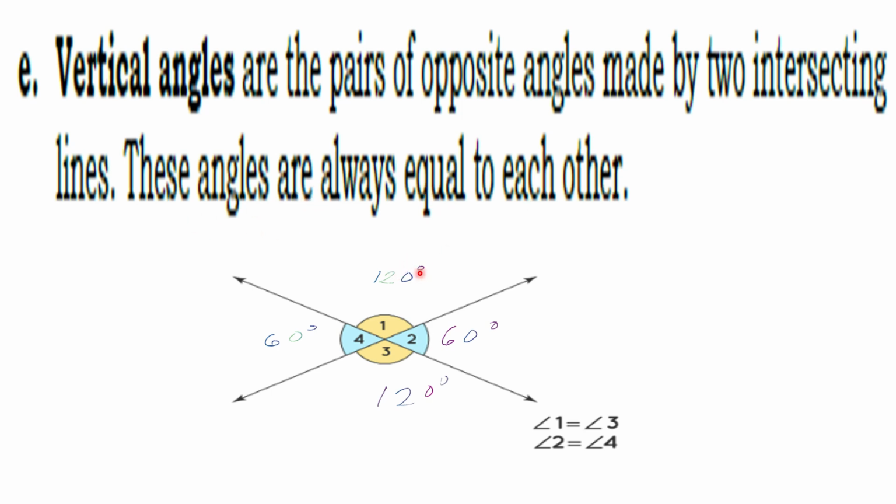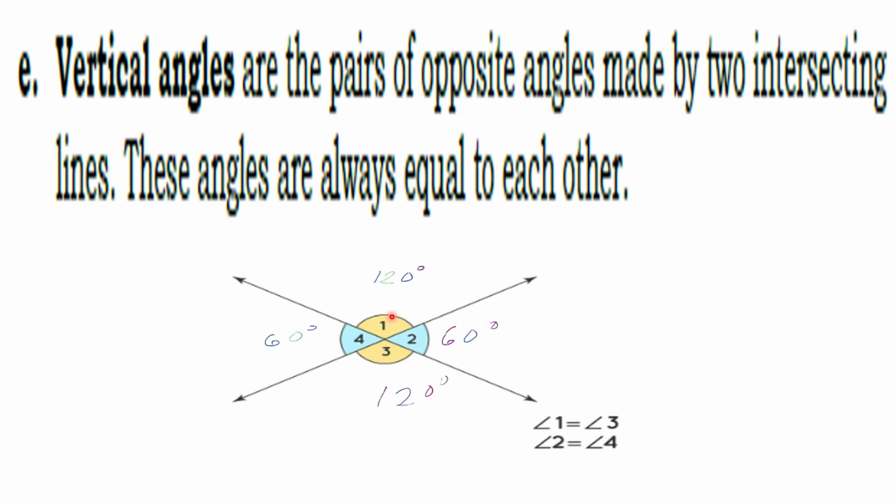So for example, angle 1 is equal to 120. Therefore, angle 2 is equal to 60 because angle 1 and angle 2 form a linear pair. And it was said a while ago that if two angles form a linear pair, then these angles are also supplementary, meaning their sum is always equal to 180.